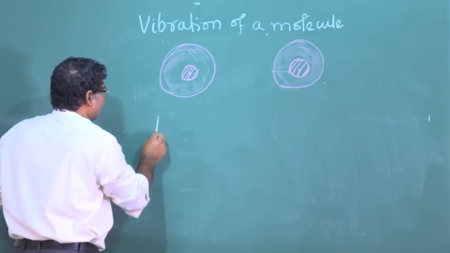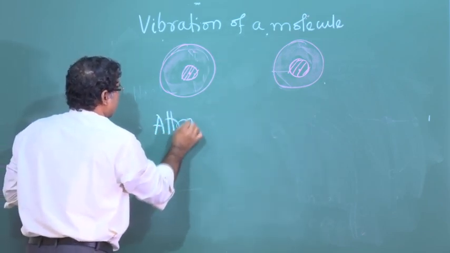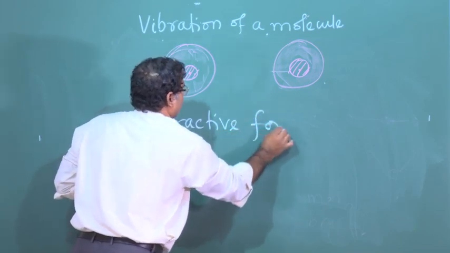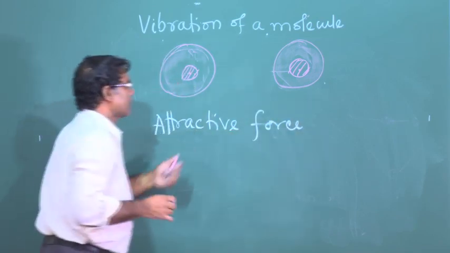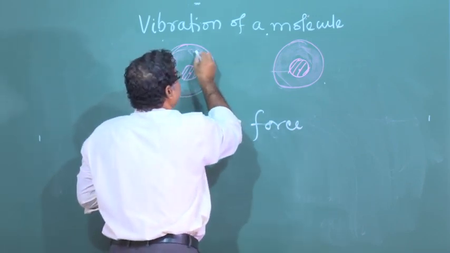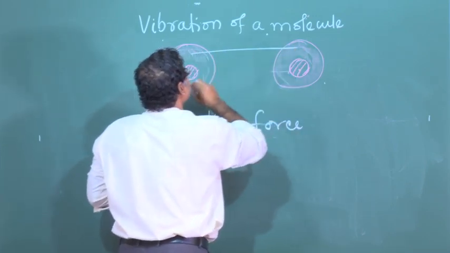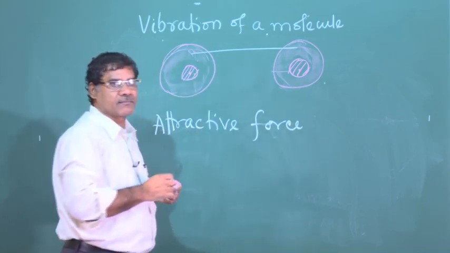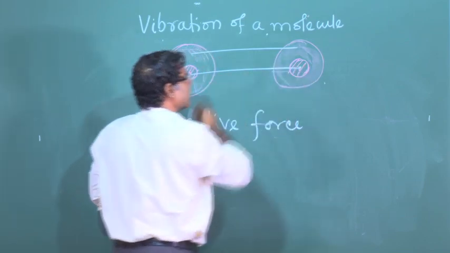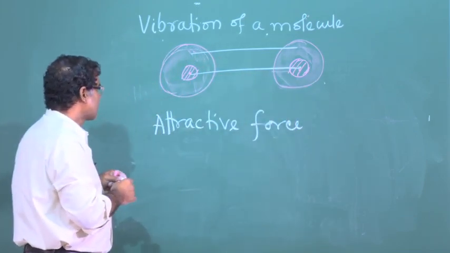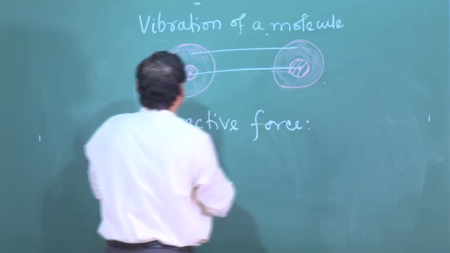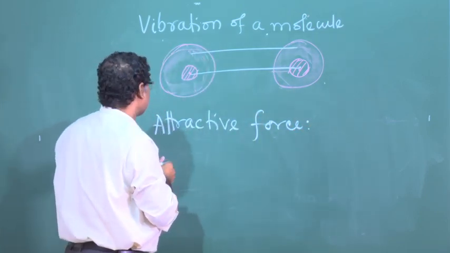One is attractive force, so the source of attractive force will be this electron interaction and nucleus interaction. Sorry, it is just the opposite.